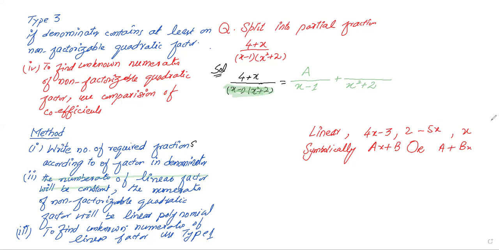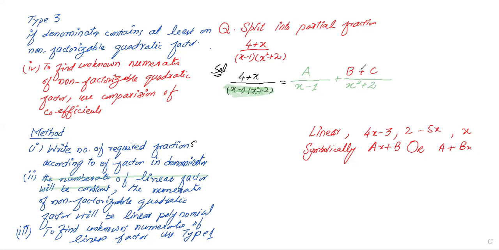Whenever you have a non-factorizable quadratic factor, you have to write two constants with a plus sign, and there you have to put the linear expression with x. Sorry, one thing: I have already used A in the first place, so I will not use A in the second place. For this one, I have to use the other two constants, B and C.